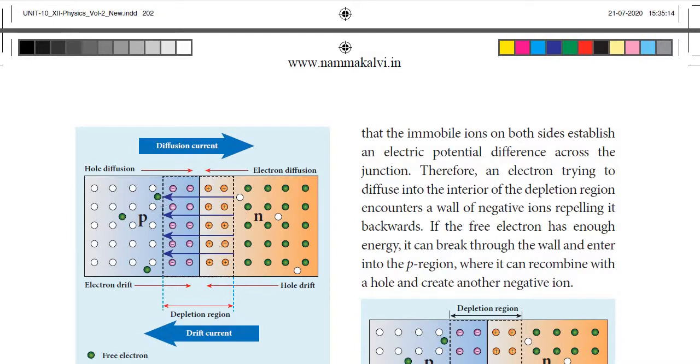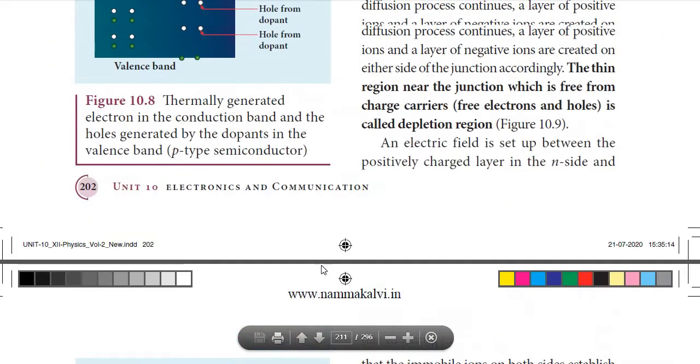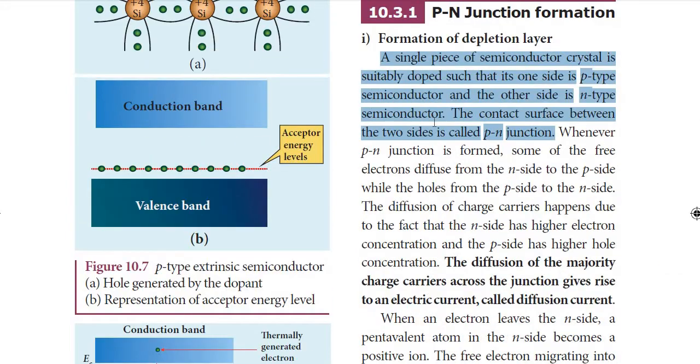This formation of two different kinds of semiconductor will produce the junction. It is called P-N junction. So this is the definition of P-N junction: the contact surface between the two sides, the P-type and N-type semiconductor sides, is called the P-N junction.